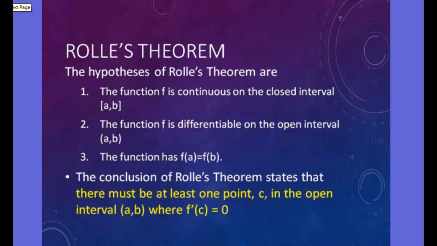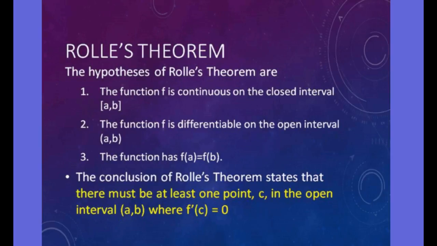So Rolle's theorem has 3 hypotheses that lead to a conclusion. So basically, if it's continuous on a closed interval, differentiable on an open interval, and the beginning and the end are at the same height, then there is at least one point c in the open interval (a, b) where f prime of c will equal 0.